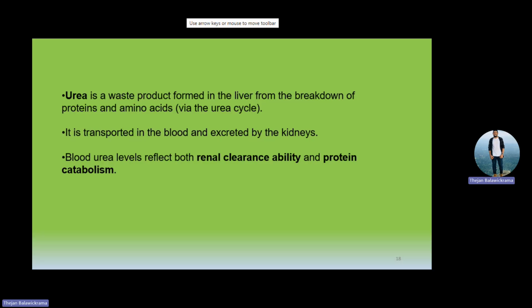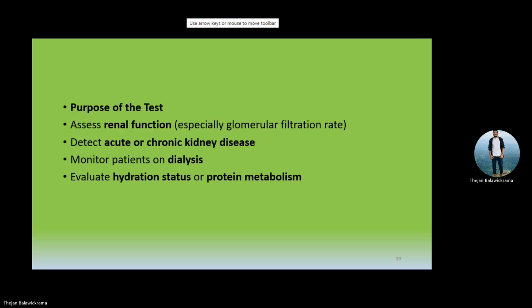So we do the blood urea test for finding out whether kidneys are functioning properly. That is called renal function, glomerular filtration rate.